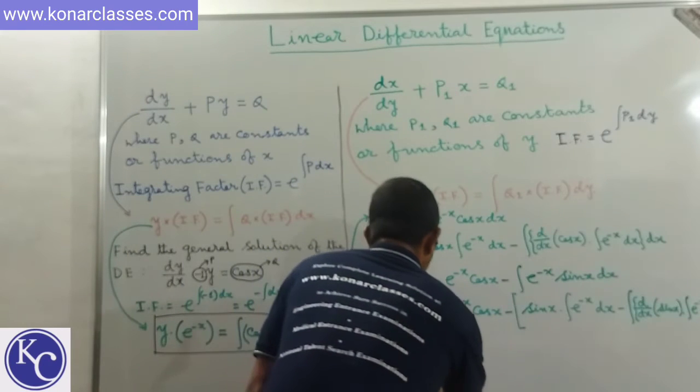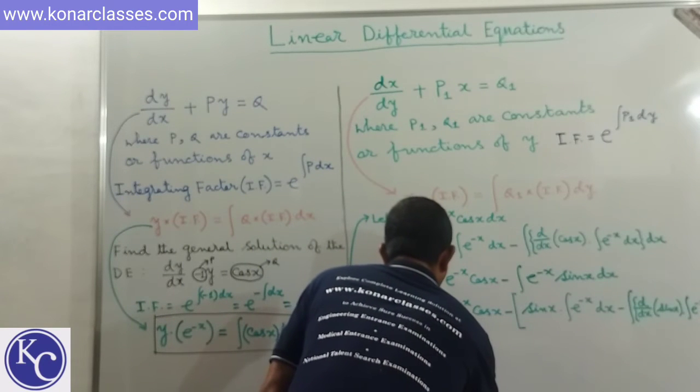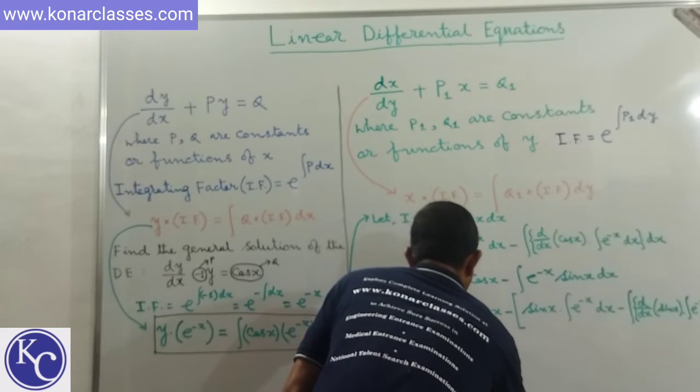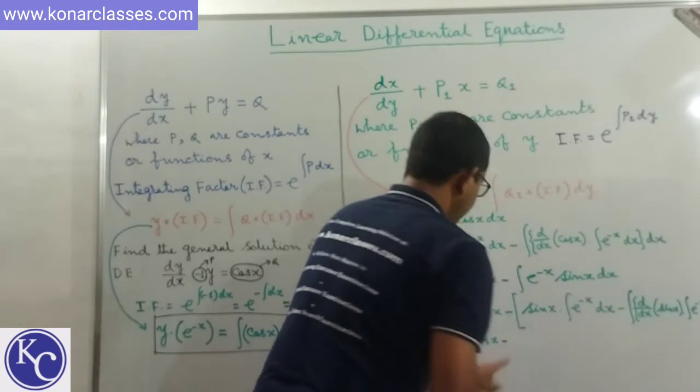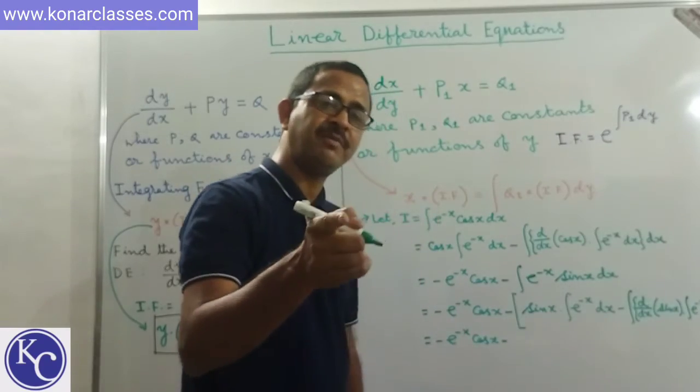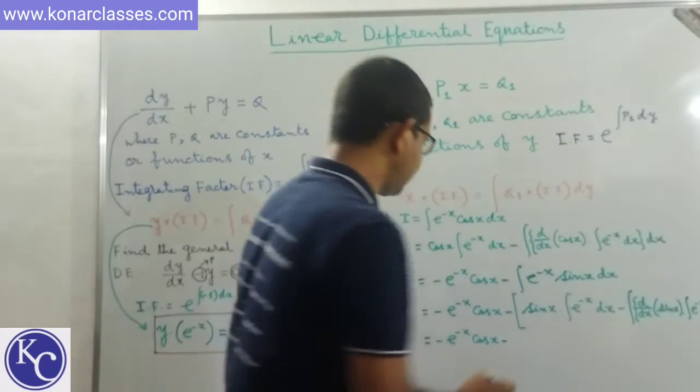So this is equal to what, dear students? This is equal to minus e power minus x cos x minus, now sin x into integration e power minus x dx is minus e power minus x.